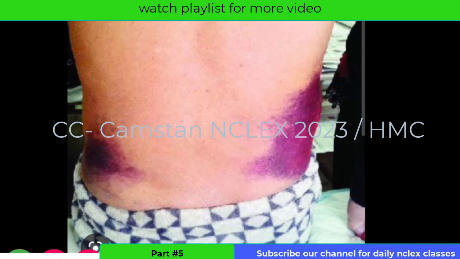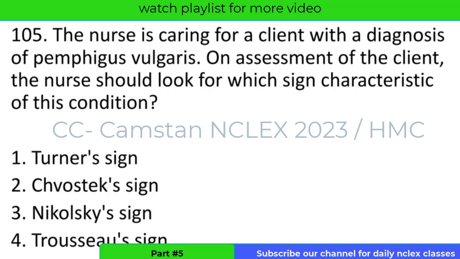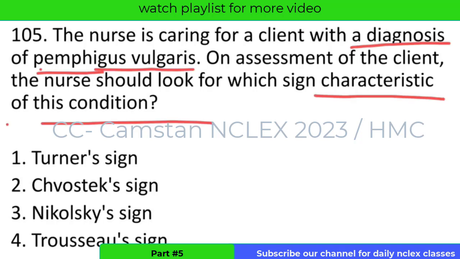This is Grey Turner sign. So this is not a sign of pemphigus vulgaris. It is a sign of acute pancreatitis. So Turner sign is a wrong or incorrect option here. And the second one is Chvostek sign. The Chvostek sign is mainly seen in tetany or in case of hypocalcemia.